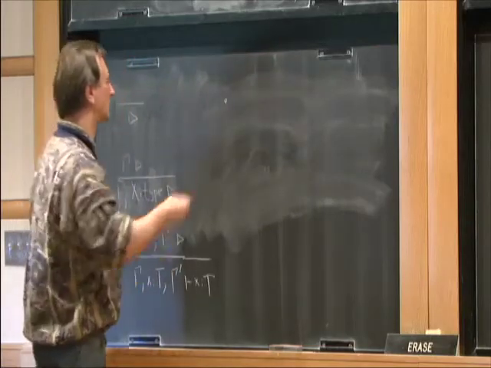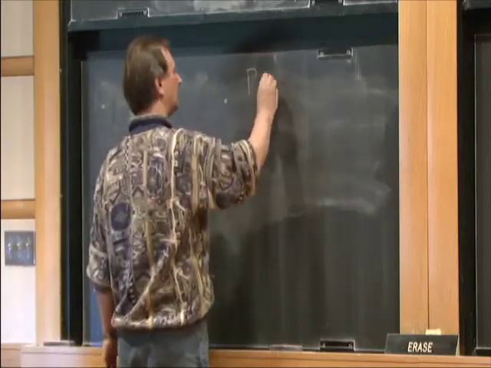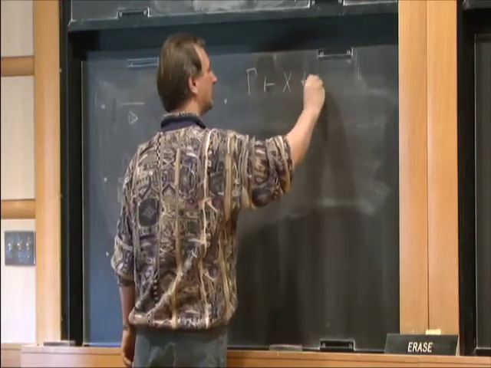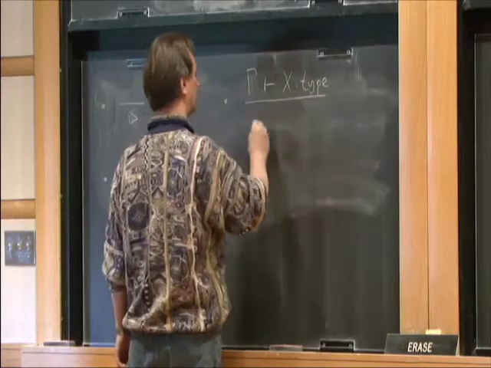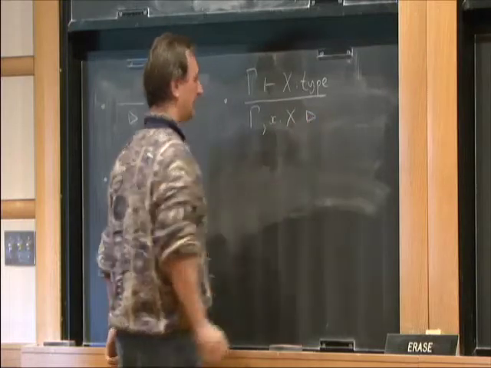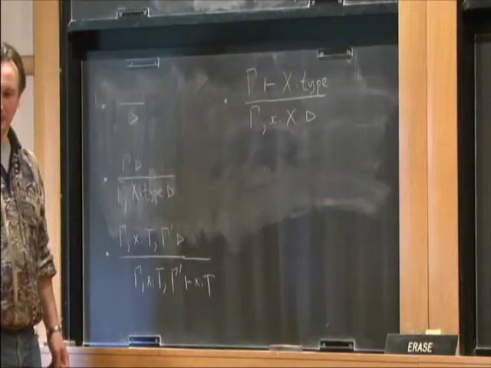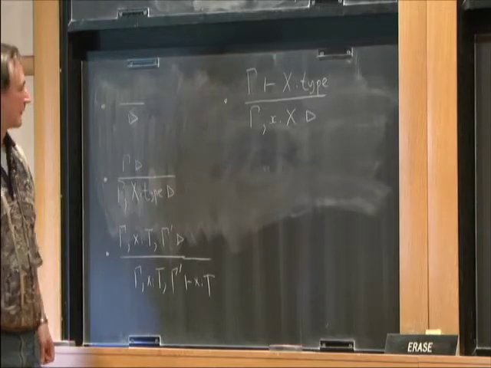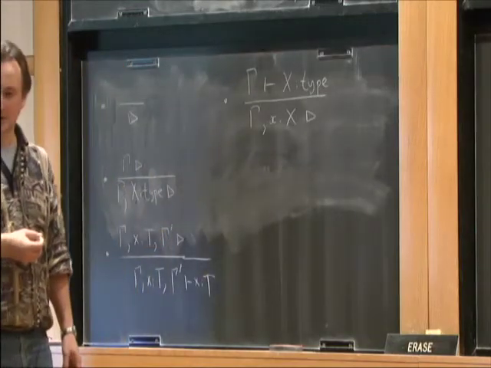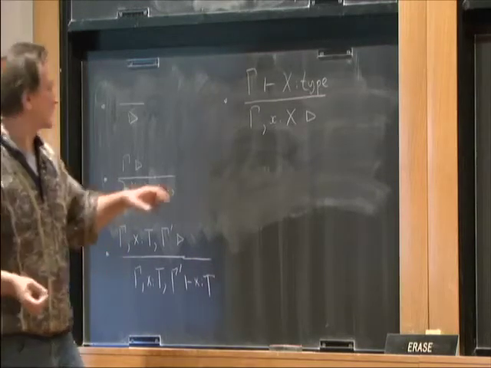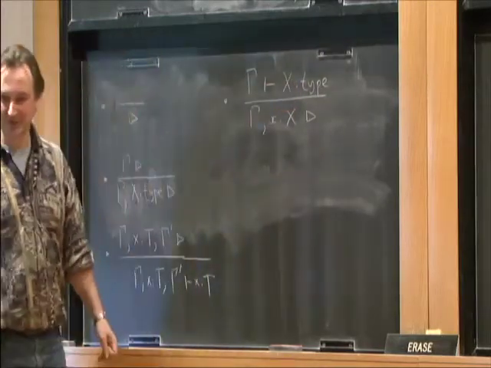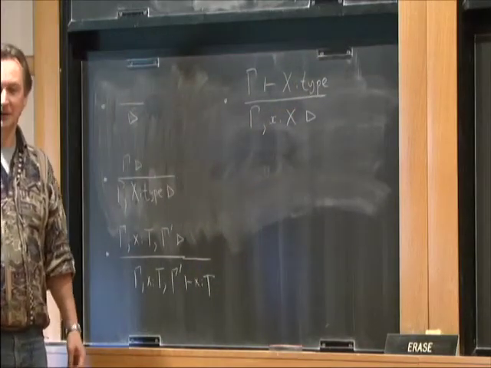Now, presumably we need a rule: gamma turnstile capital X type implies gamma, little x and capital X, like this. Well, in TS, of course, there would be some EL occurring here, but here they don't use EL, so it's a little messed up.